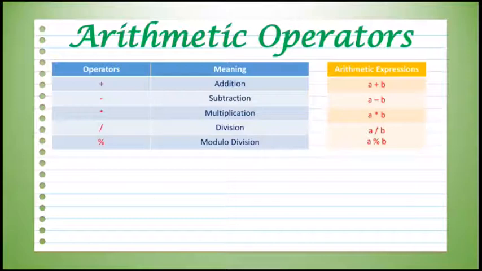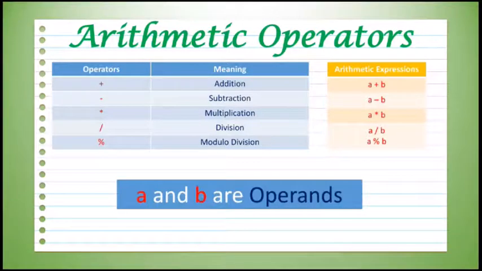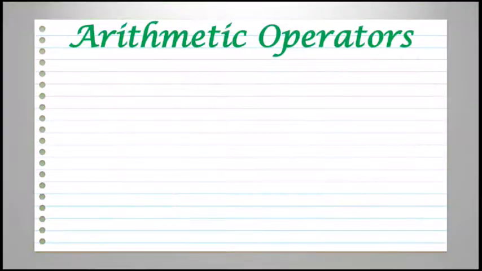In this way, arithmetic operators are used. Here, A and B are variables and are known as operands. Again, arithmetic operators are subdivided.